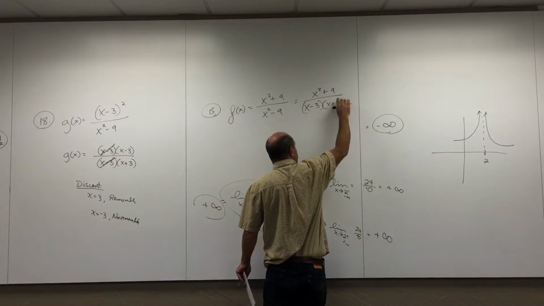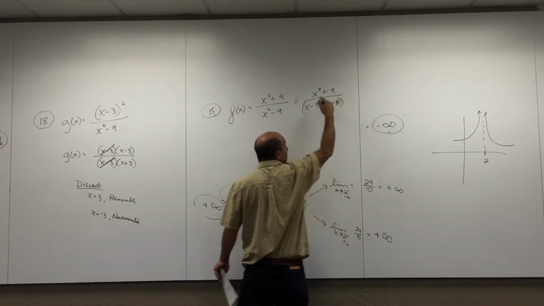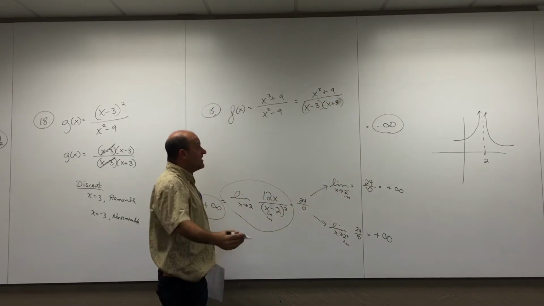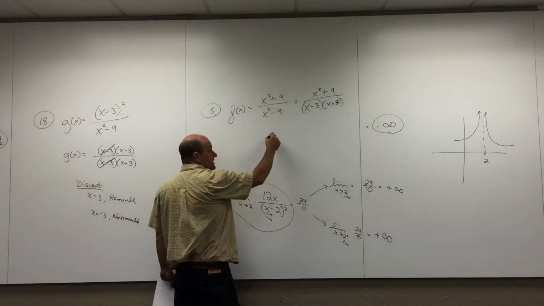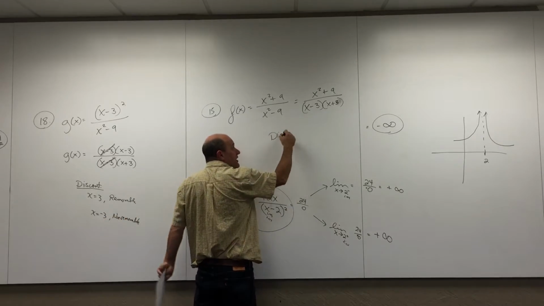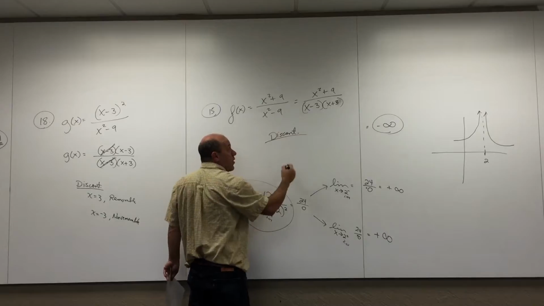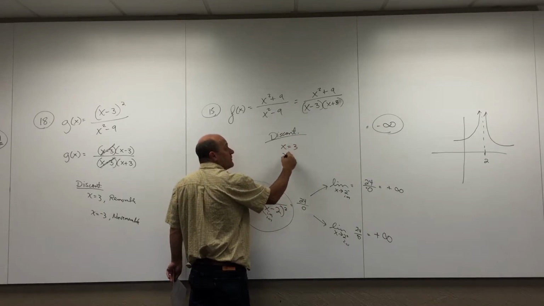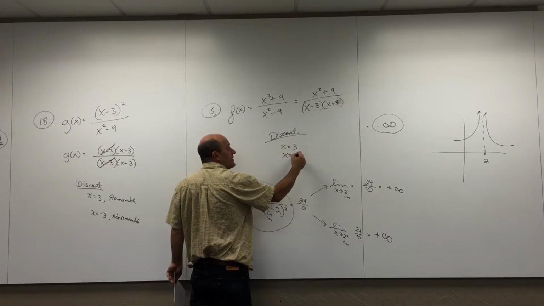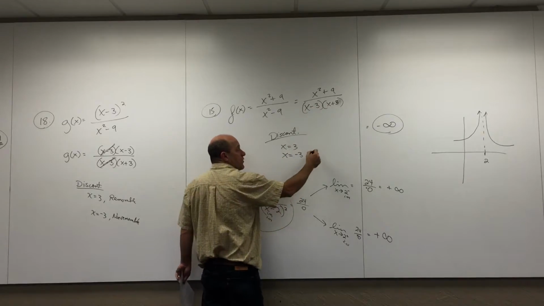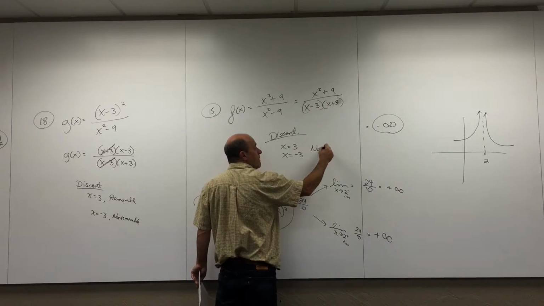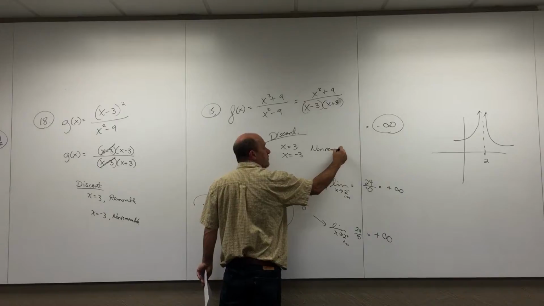But since that numerator doesn't factor, nothing cancels. And so I got a couple discontinuities here, just like I did before, except this time they're both non-removable. They're both discontinuities at both those places, but they're both non-removable. For number 15.